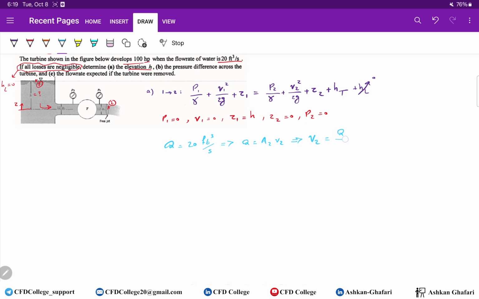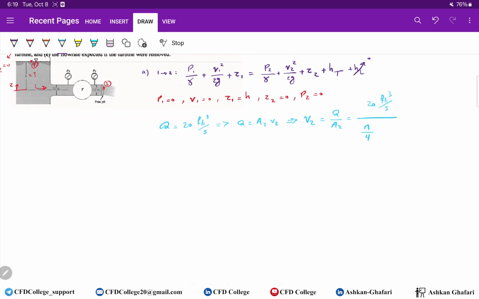V2 equals Q over A2, which is 20 cubic feet per second over A2, pi over 4 times D squared. D is 12 inches, and you have to divide it by 12 to get feet. So velocity can be found as 25.5 feet per second. Now we have V2.